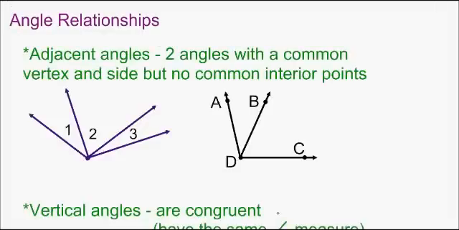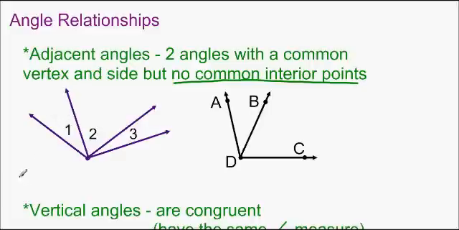Okay, here are some angle relationships. So adjacent angles are two angles with a common vertex and side, but no common interior points. So no common interior points is important. Right here, angle 1 and 2, you can see they have the same vertex.